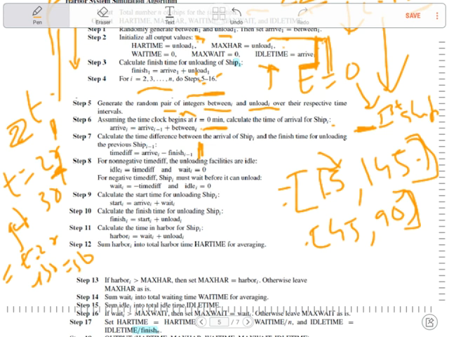Second, if it has to wait, how much time it has to wait. Third, if it does not have to wait and starts unloading immediately, then the harbor was sitting idle, and what is that amount of time? So the time difference is arrive I, that means the ith ship arriving, minus finish I minus 1, that means ship I minus 1 has finished unloading.